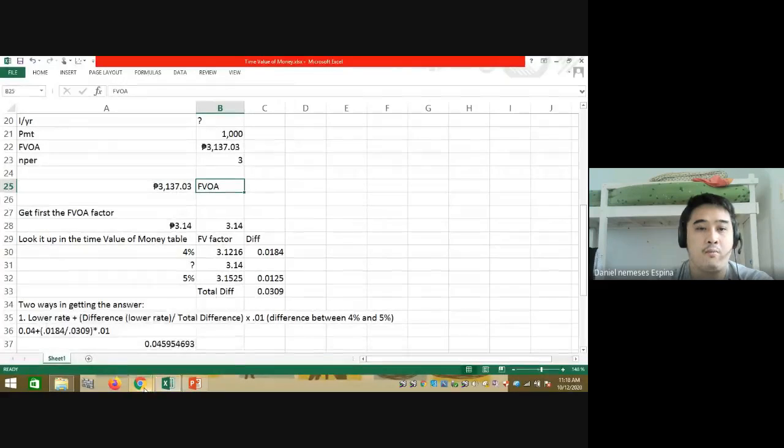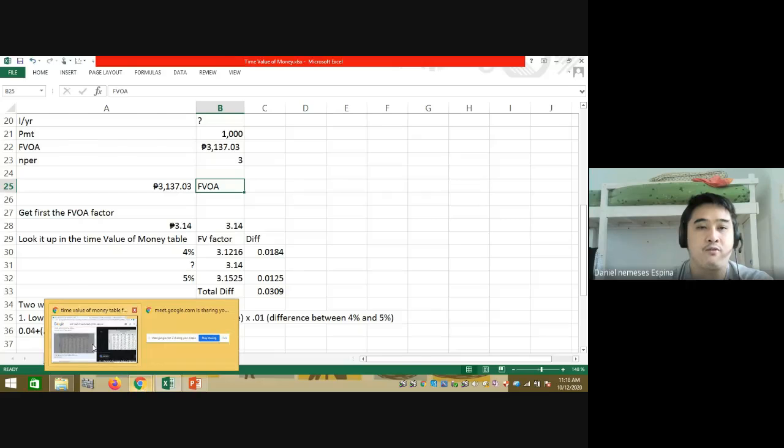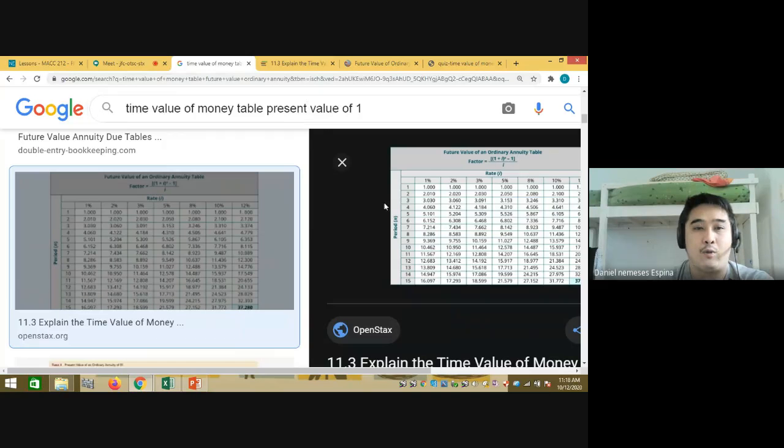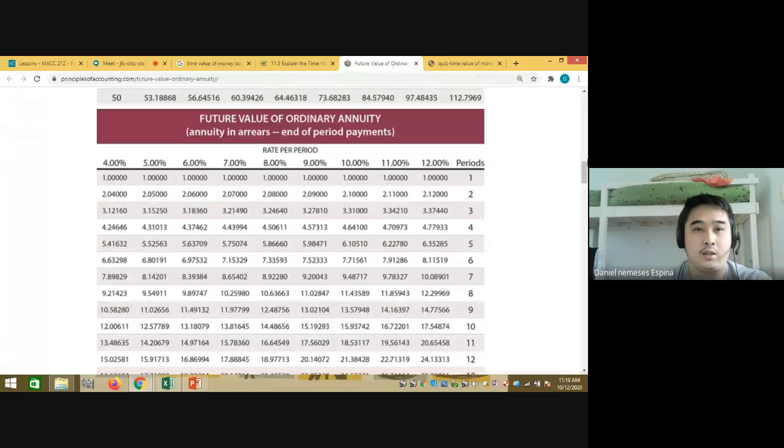However, the problem given to us is ordinary annuity. So we have to look for the table for future value ordinary annuity. Okay? So I search again. So this is the table for the future value of ordinary annuity. Okay?